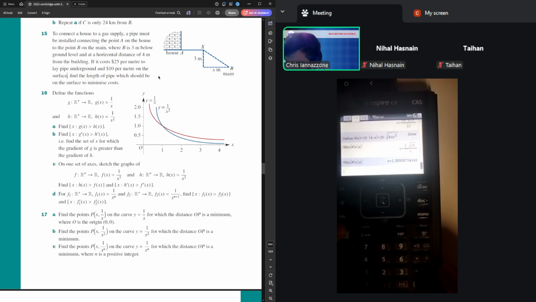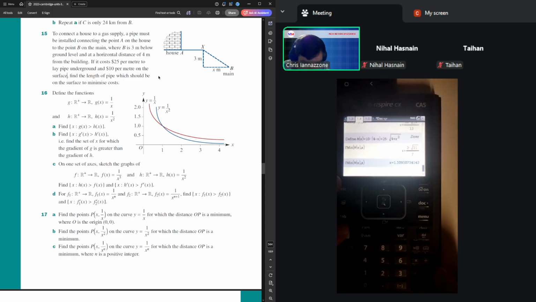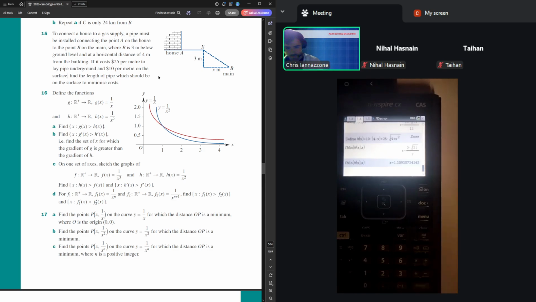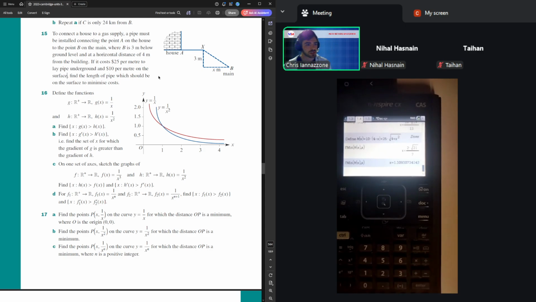Because if we're going to assume our origin is directly at the house, then yeah, 1.3-ish meters from the house seems about right, because it's more costly to go underground than it is to go overground. Cool. Alright. Now as far as actually answering our question though, what do we do?